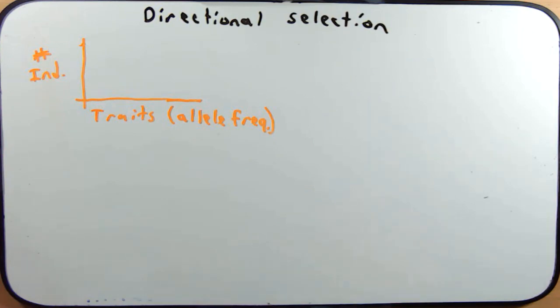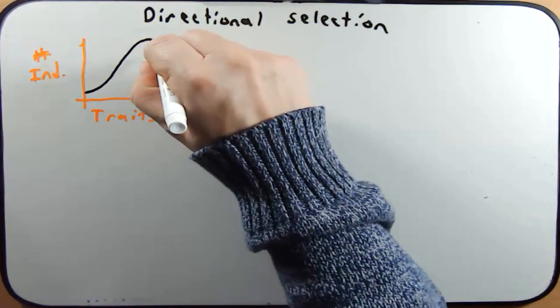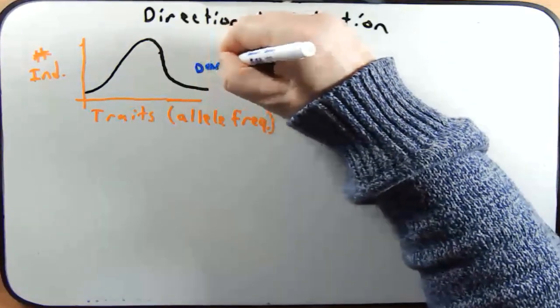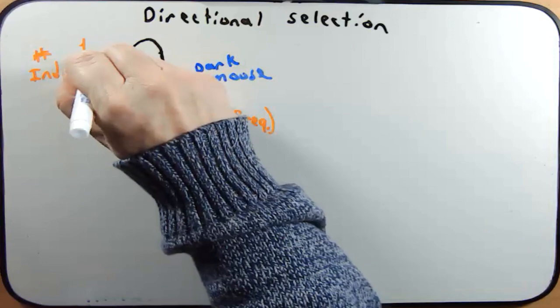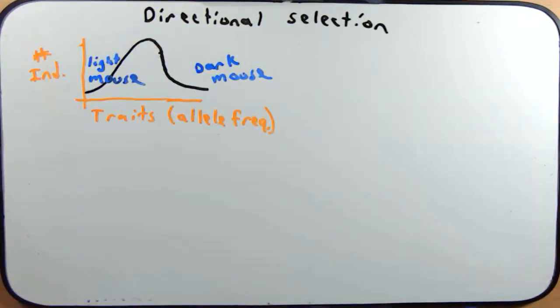So what we would see before selection occurs is a fairly normal distribution of traits. For instance, we might have on this side a dark pigmented mouse, on this side maybe a light pigmented mouse, and in the middle, a bunch of gray mice.